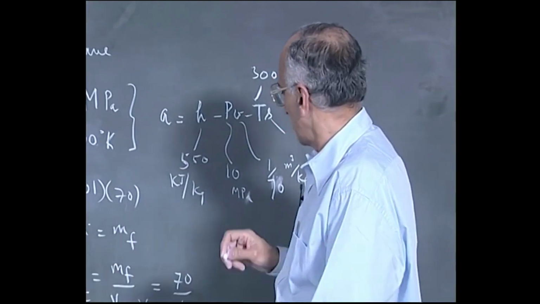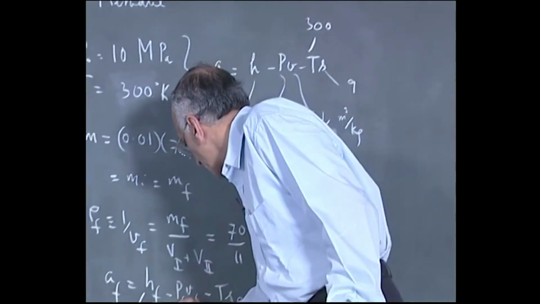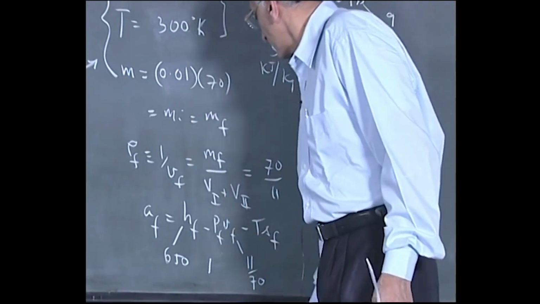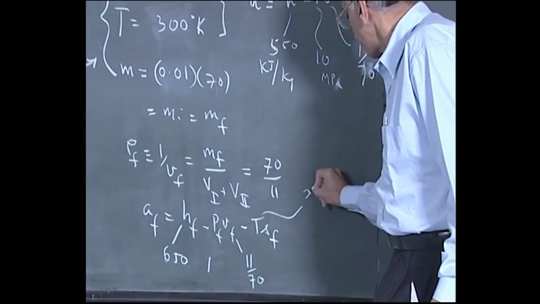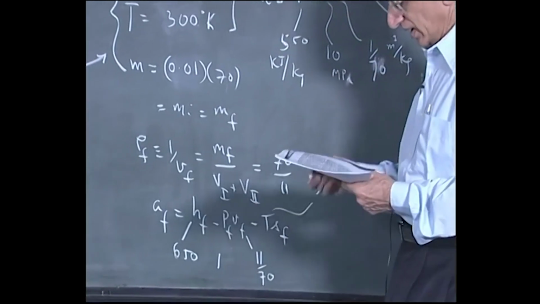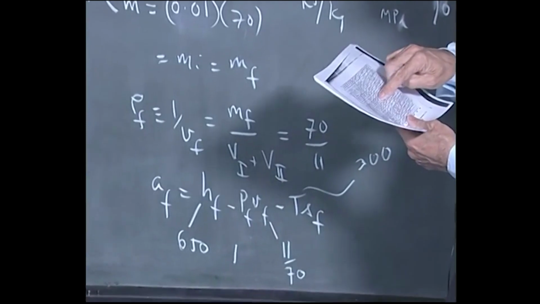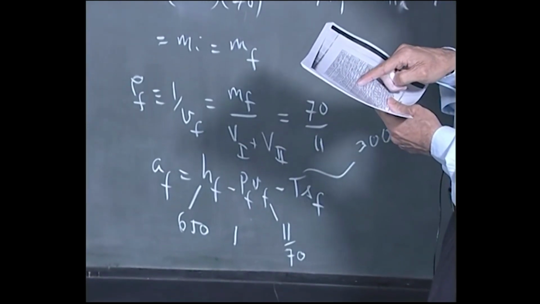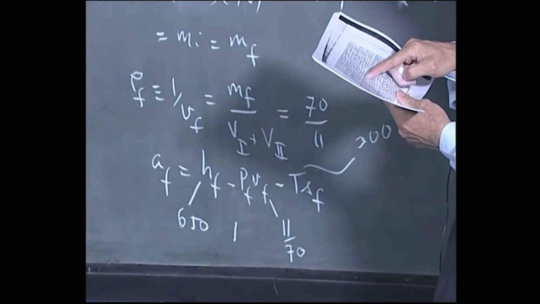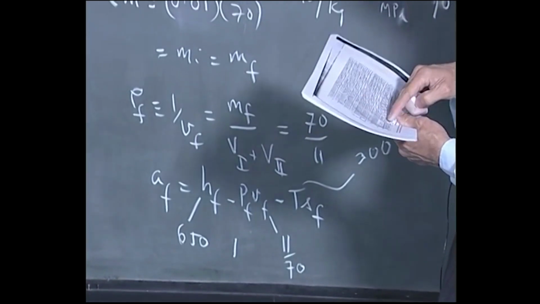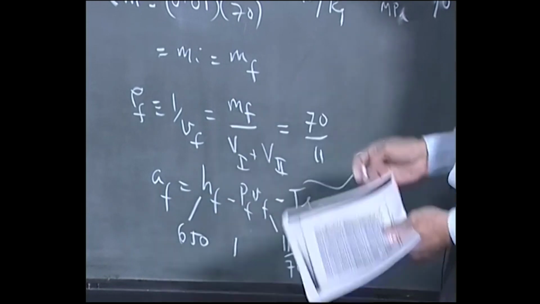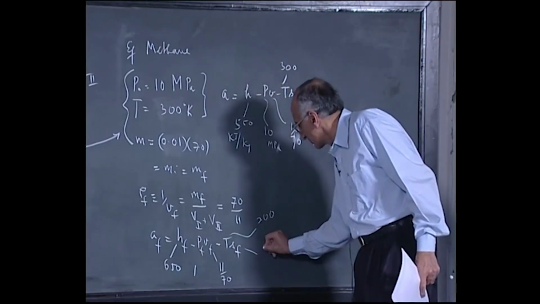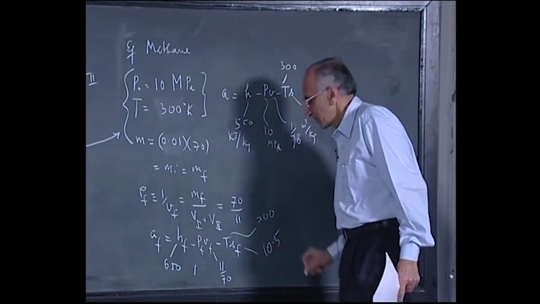You get something like 1, PF is approximately 1, then T is known, T is again 300, and finally SF. SF is about 10.5 or something, yeah 10.5.